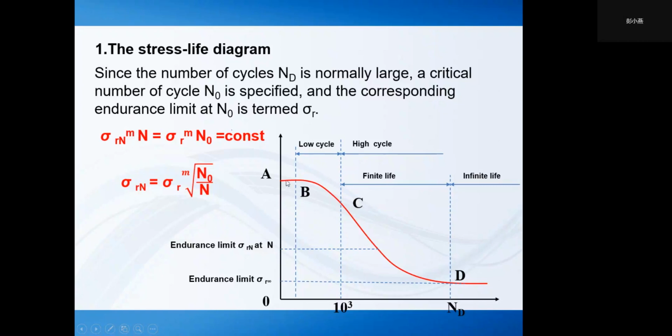The stress life diagram curve represents the endurance limit of fatigue stress of materials at different numbers of cycles under the same stress ratio. Different stress ratio has different curve.